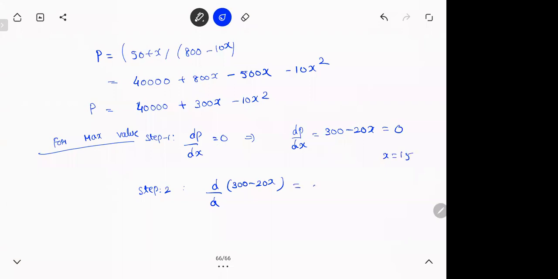So अगर इसको differentiate किया, you're getting minus 20, which is less than 0. Therefore, it is maxima. Understood? So you have to plant 15 trees to get maximum production. If you plant anything more than this, it will decrease again. If you plant anything less than this, you'll get less production again.